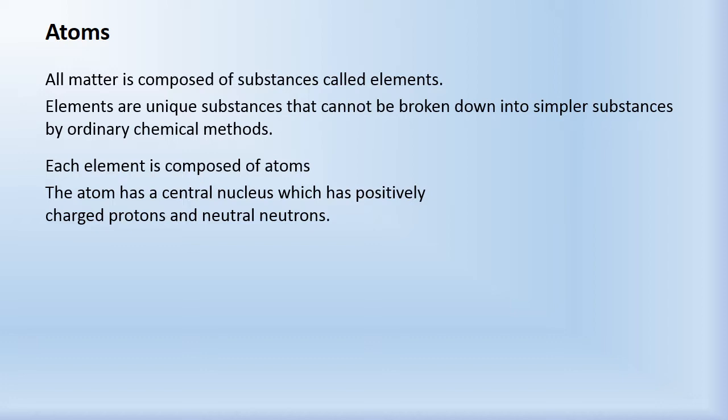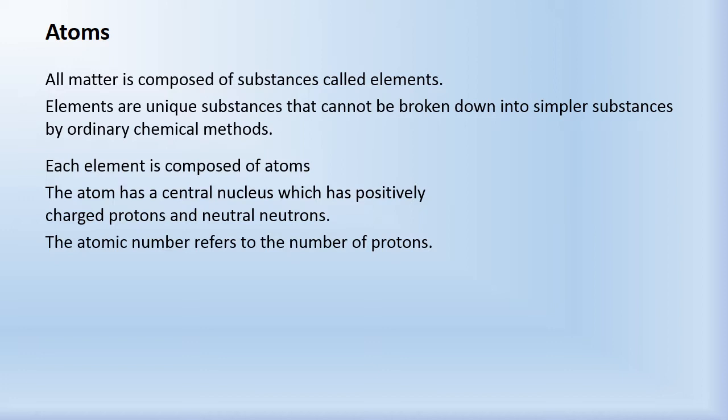The atom has a central nucleus, which has positively charged protons and neutral neutrons. The atomic number refers to the number of protons within the nucleus. So, for example, oxygen has an atomic number of 8, so it has 8 protons.